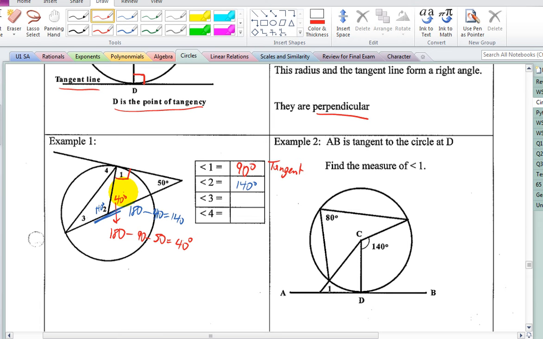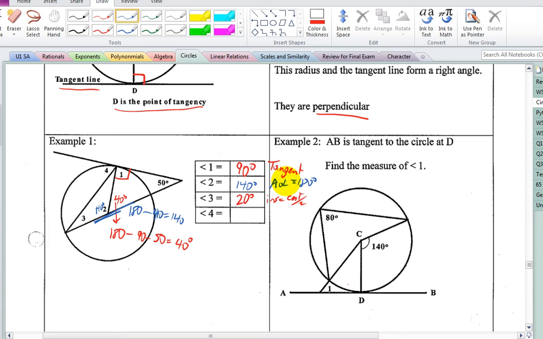Look at 40 degrees. That's the central. So what would angle 3 be then? Half of that, 20 degrees. So the inscribed equals the central divided by 2. Angle 2 was angles on a line, straight line, equals 180.